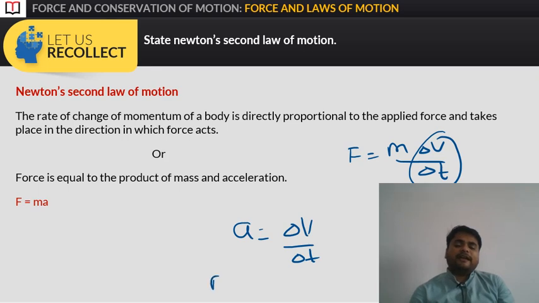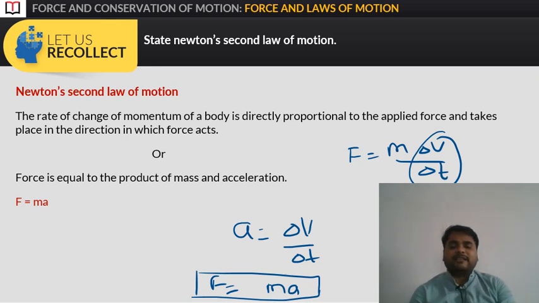So we can write F is equal to m into a. So another definition: force is equal to the product of mass and acceleration. That is also known as the second law of motion.